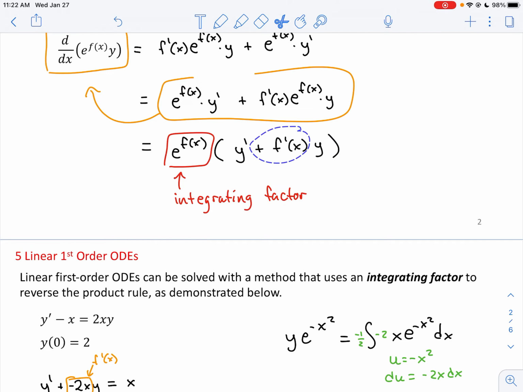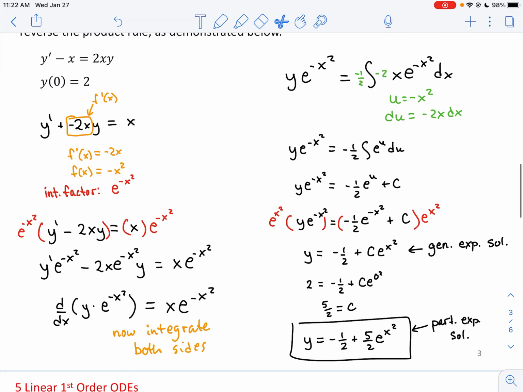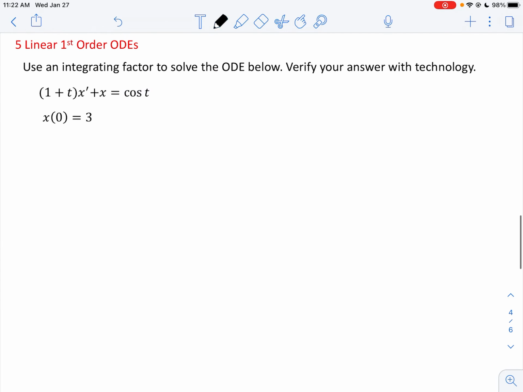Of course, this will be a f prime of t, and this will be an x in this case. So I have to divide both sides by the 1 plus t to begin. So we have x prime plus 1 over 1 plus t times x, I'll write it like that, is equal to cosine of t over 1 plus t.